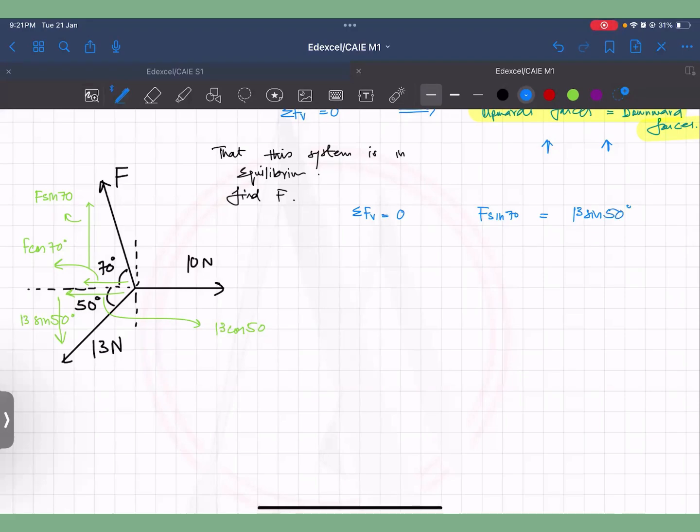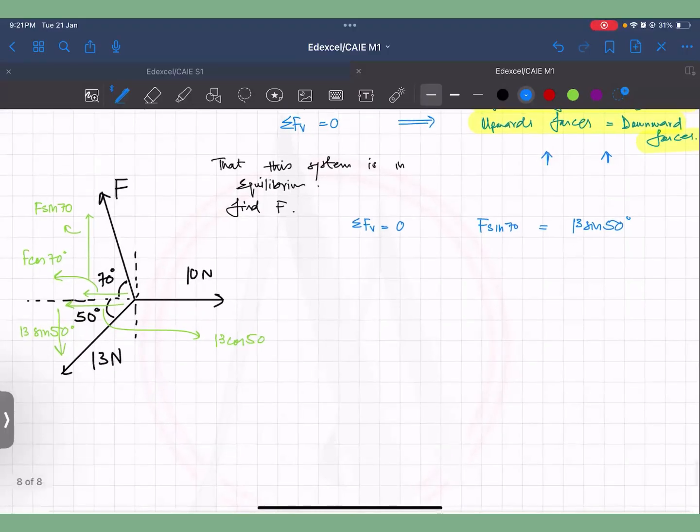So in this one, you don't need to be vigilant about the sign convention, because you are equating the leftward forces to the rightward forces. They are cancelling each other out. The sum would be equal to 0. So now if you solve this further, you will get your final answer for F, which would be 13 sine 50 upon sine 70.